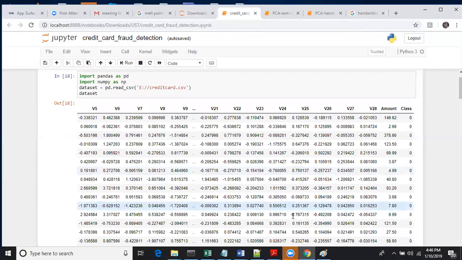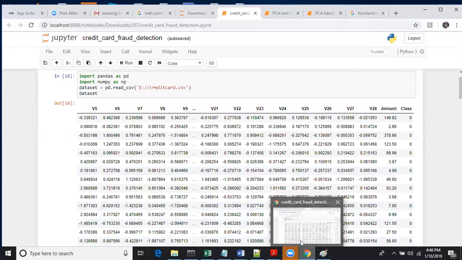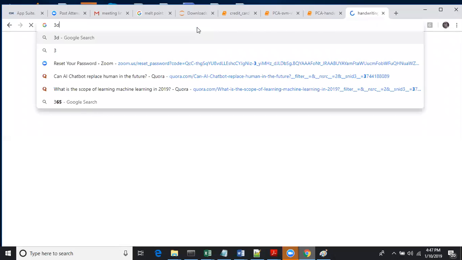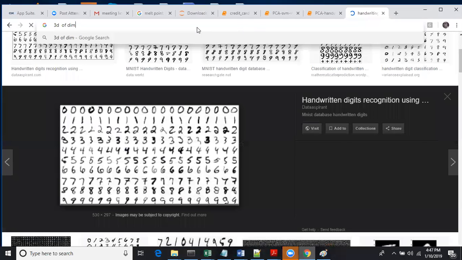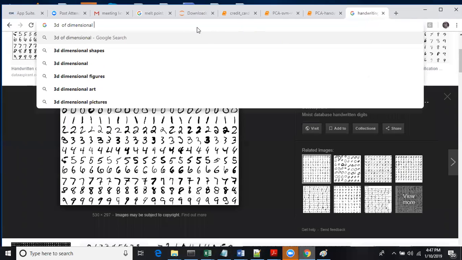Let me now show you dimension reduction. Somewhere a three-dimensional diagram is also here.